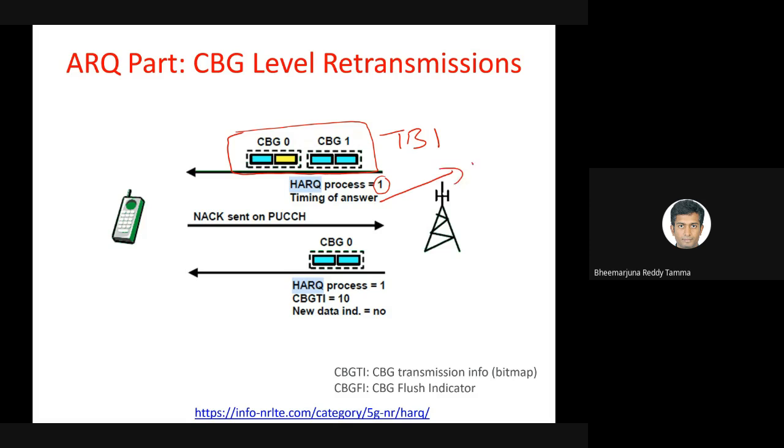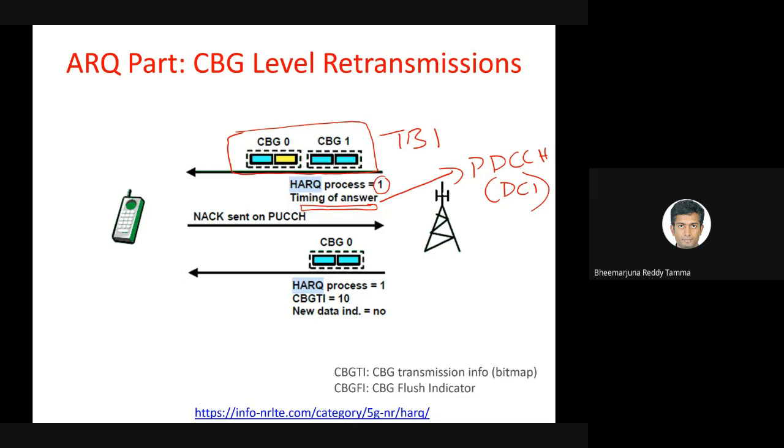In PDCCH, as part of the downlink control information, the base station is informing the handset when it is expecting the acknowledgement, whether it is a positive acknowledgement or negative. That information is also sent along with the transport block or inside the transport block.